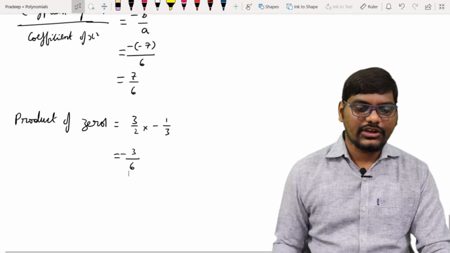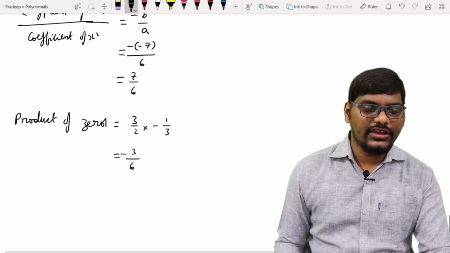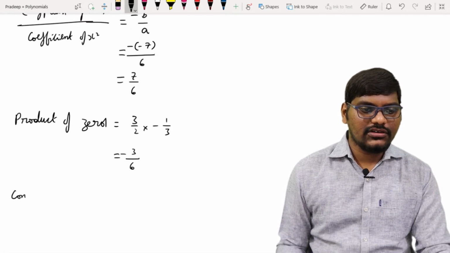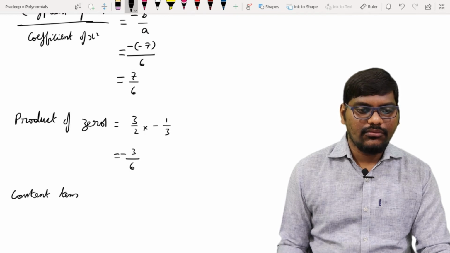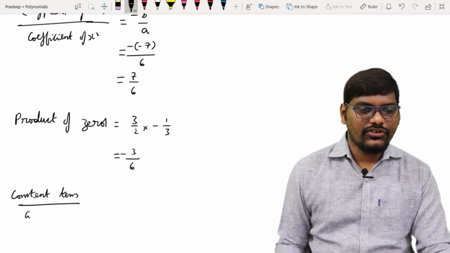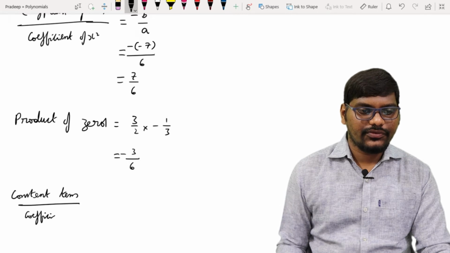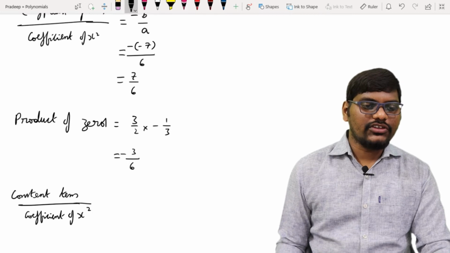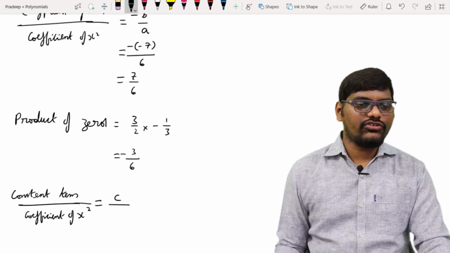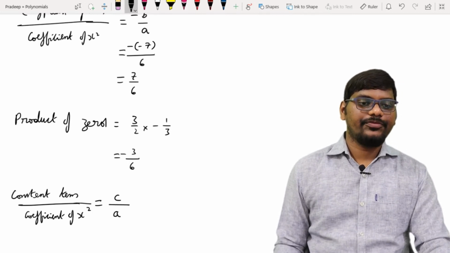So we'll go with respect to the equation also. I can write here the constant term by the coefficient of x square. The constant term is c, and the coefficient of x square is a.